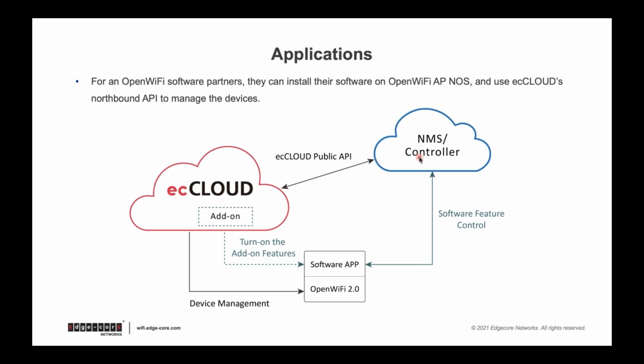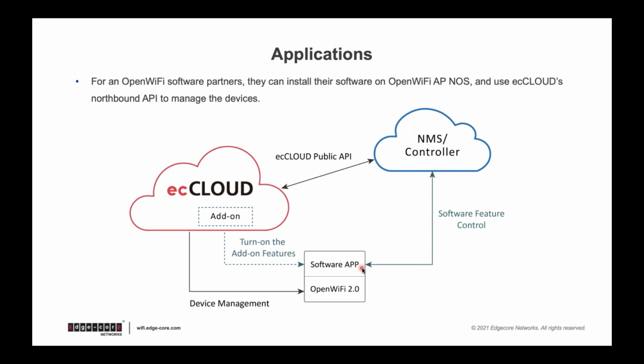So their server can use the public API to communicate with their devices via ecCLOUD. And another way is that the software vendors can build their own agent in the application layer and use the agent to communicate with their external server directly.